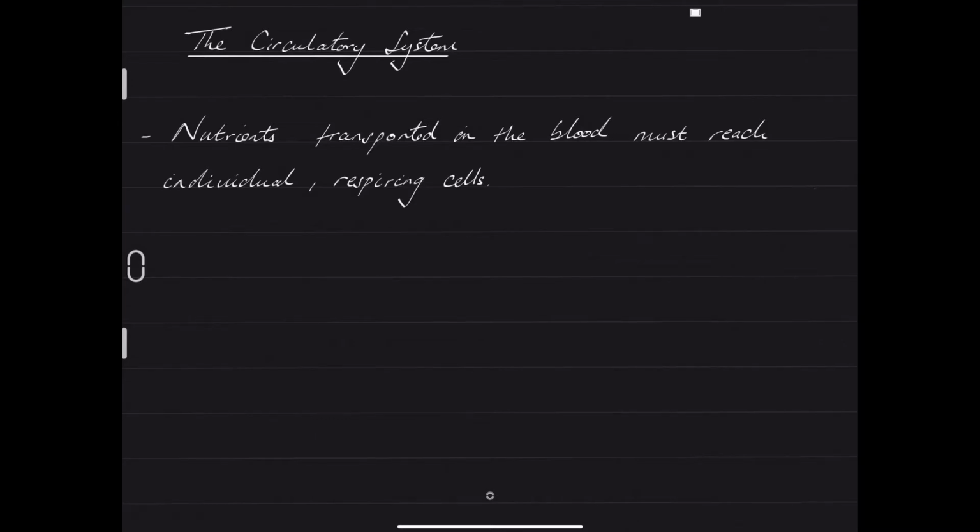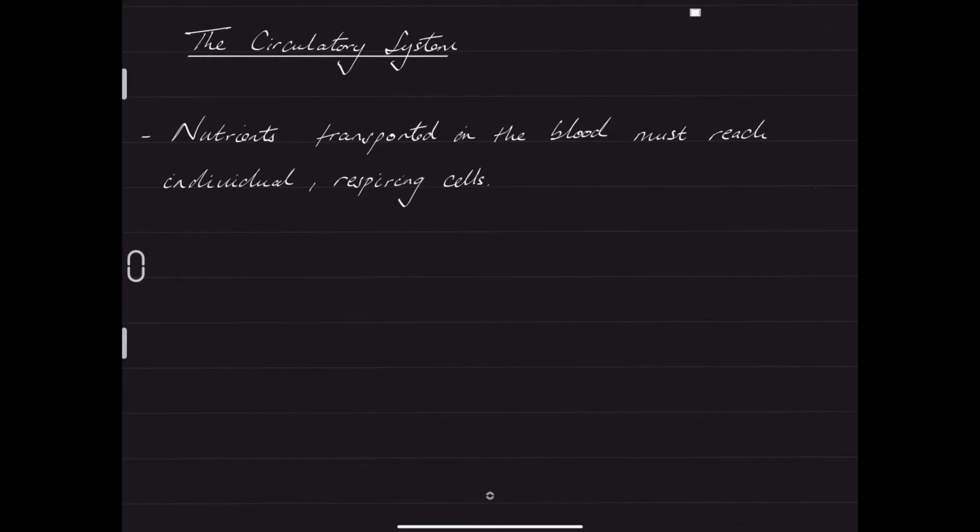Another way to see this network of the circulatory system is that every cell in our body is said to be within 0.5 millimeters of a capillary vessel. Now we're going to come across the capillaries later, but I just want you to keep that in mind.